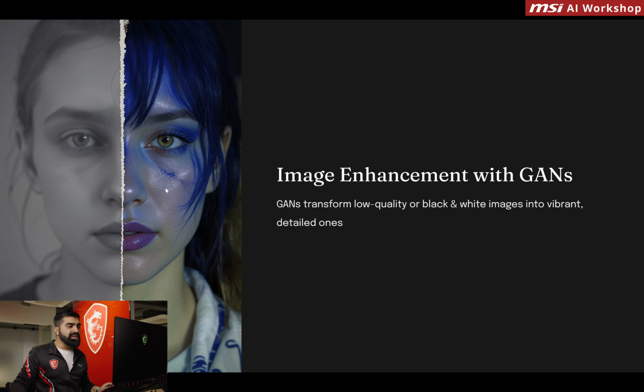But if you look at this very clearly, you'll be able to see the skin texture, the pores, the hair, fine-line hair which is colored in blue, everything has very fine, minute details. This has not only been transformed from black and white to color, but has also been upscaled and beautified way more to look better. So what would you prefer to look at? The left one or the right one?